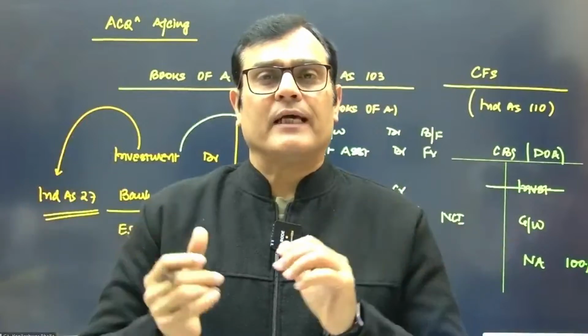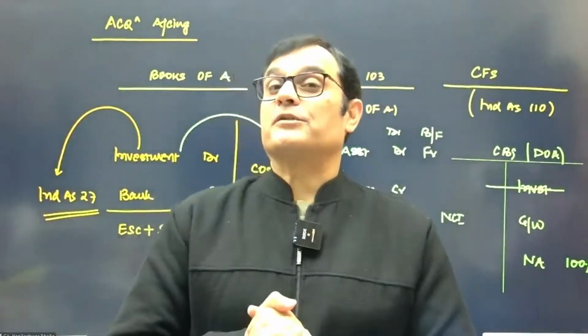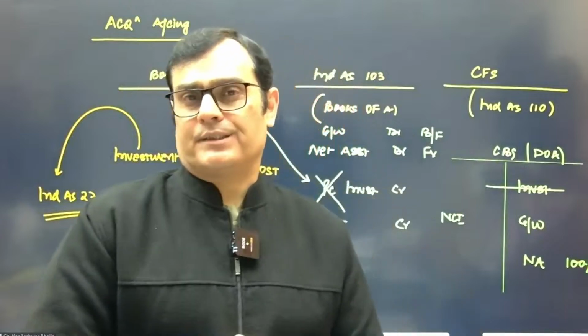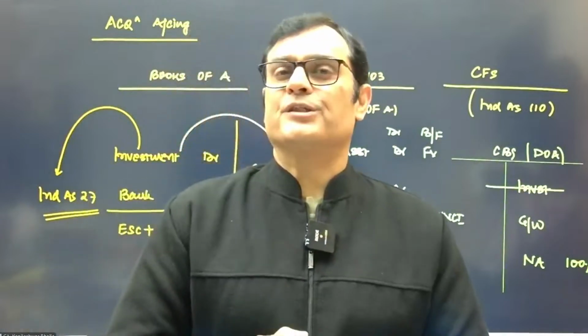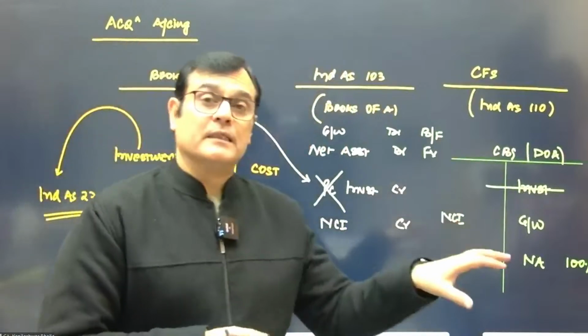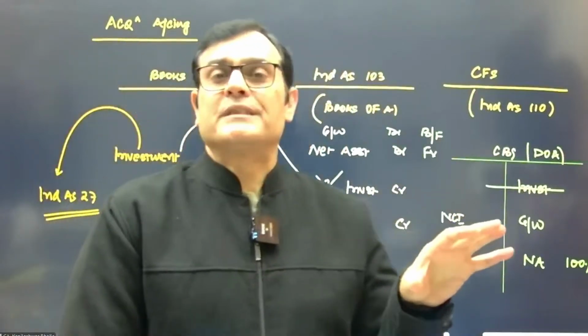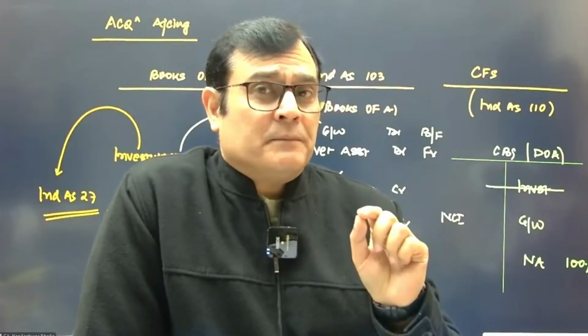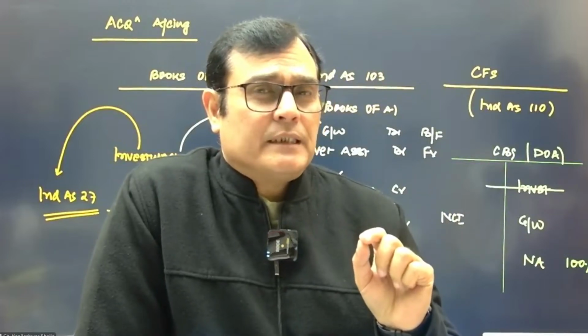And in the consolidated financials, the same investment gets replaced. And what takes its place is the net assets, the goodwill, and the NCI. There are three components. This part, I will prove it once again when I come to the consolidation standards, and I'll remind you of this particular aspect. But I thought it's important to give you these inputs at this stage.